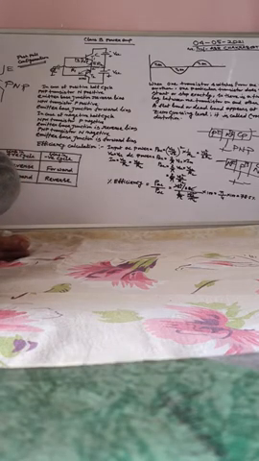So you see the biasing of transistors T1 and T2 in the positive and negative cycles.